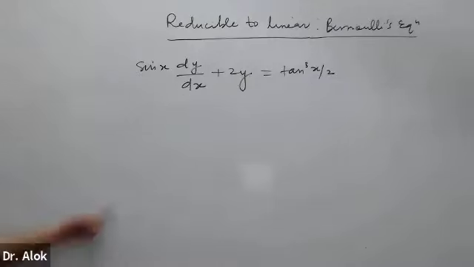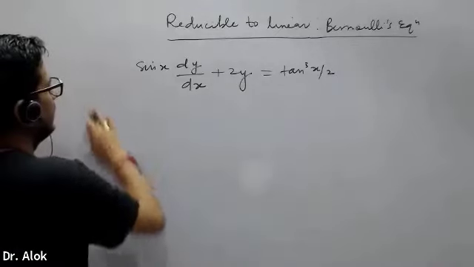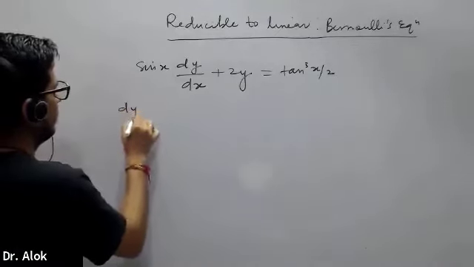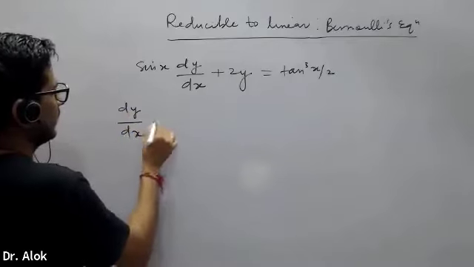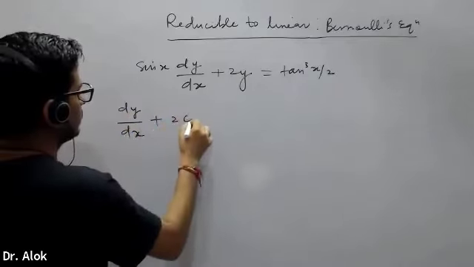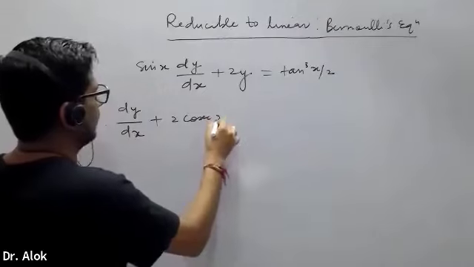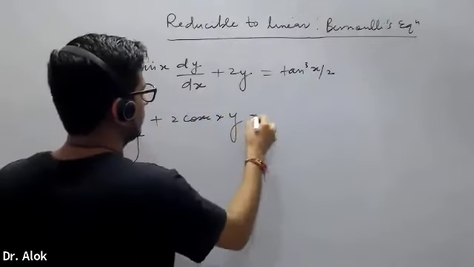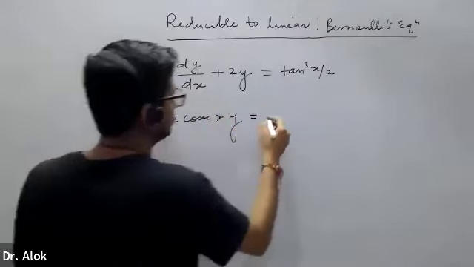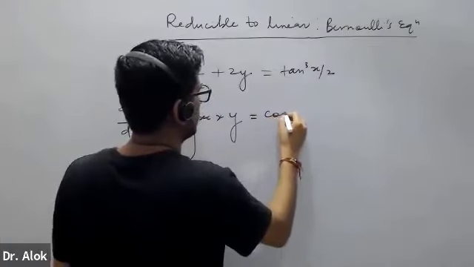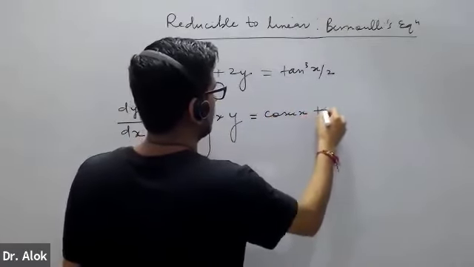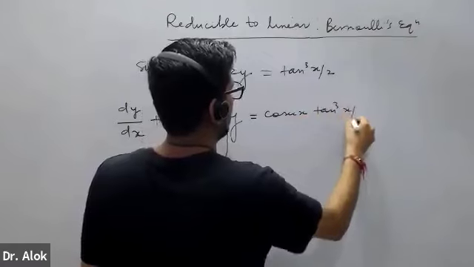Write it properly first. It is linear, so this will become dy by dx plus 2 times cosec x into y is equal to cosec x into tan cube x by 2.